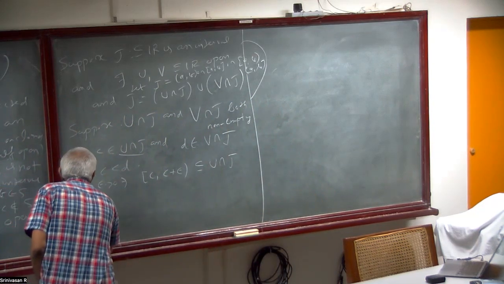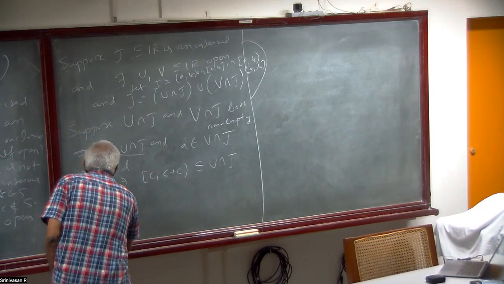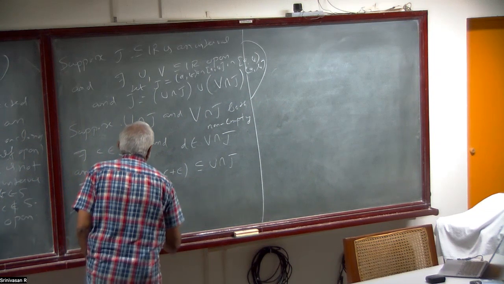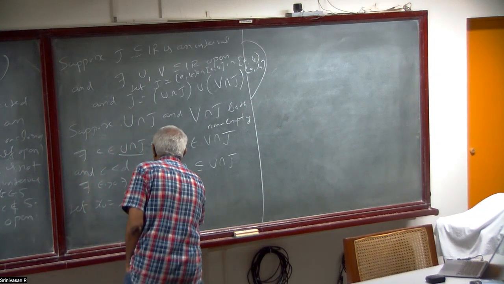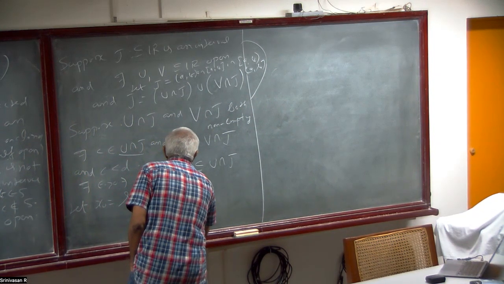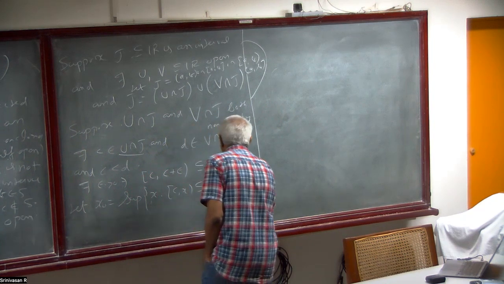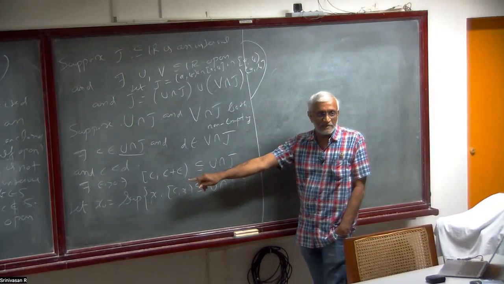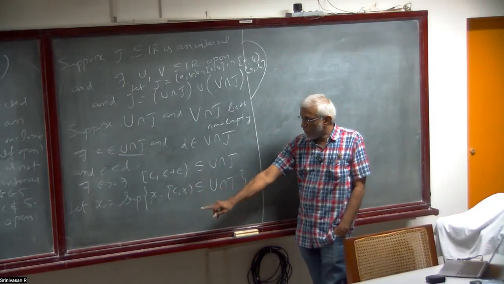So let x naught equal the supremum of all those x such that the interval from C to x is contained in U intersection J. This set is non-empty because there is a C plus epsilon, so there is one element in the set.